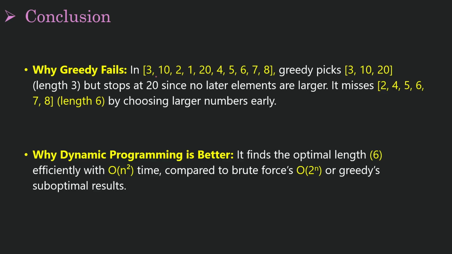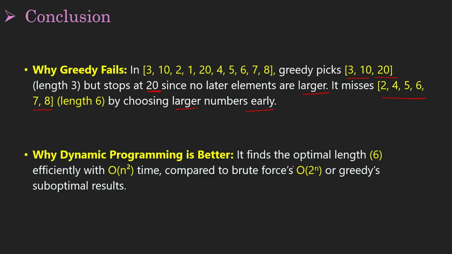Why greedy fails. In 3, 10, 2, 1, 20, 4, 5, 6, 7, 8, greedy picks 3, 10, 20, length 3, but stops at 20 since no later elements are larger. It misses 2, 4, 5, 6, 7, 8, length 6, by choosing larger numbers early, ignoring smaller ones that could form a longer sequence.